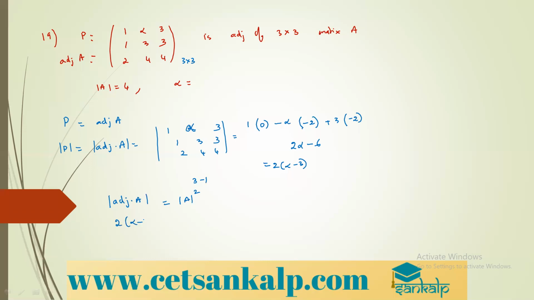So 2 into alpha minus 3, determinant of A is 4 square, or alpha minus 3 is 16 by 2, alpha minus 3 is 8, or alpha is 11. This is how we got the value of alpha.